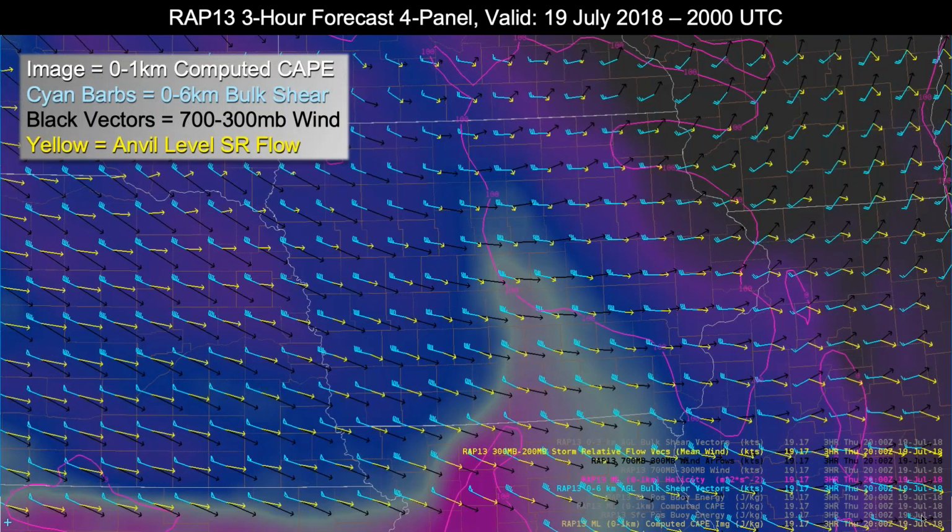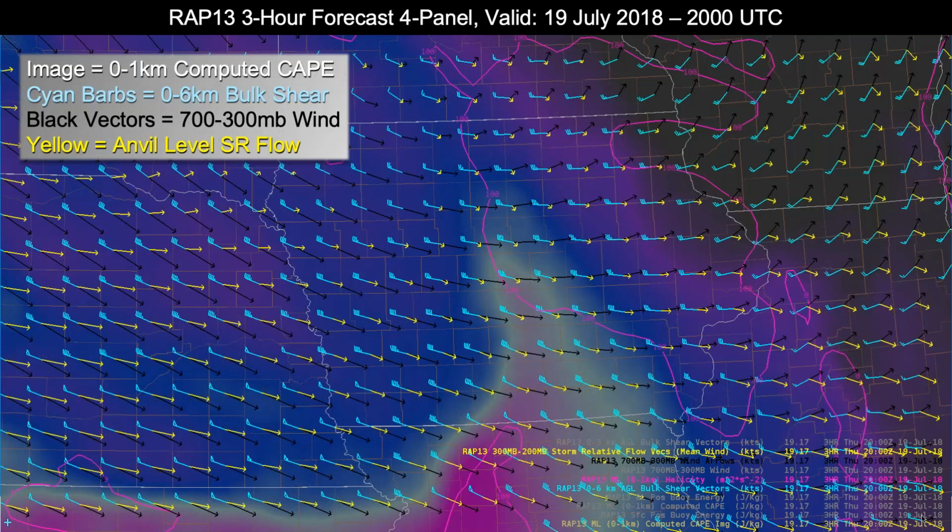So then on the next slide, we added in these yellow arrows, which we previously toggled off just for clarity. They depict the 200 to 300 millibar storm relative wind vectors, and this is a good proxy for the orientation of anvil plumes. This flow too is oriented orthogonal to the initiating boundary, although it's not very strong. Taking all these factors into account, there does appear to be a significant threat for discrete storms with rotating updrafts.